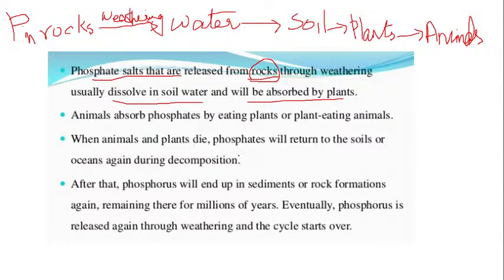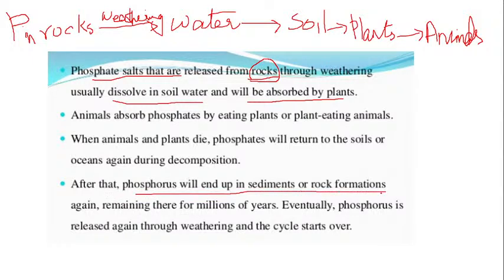And when animals and plants die, phosphates will be returned back to the soils or oceans again by decomposition by the microbes. After that, phosphorus will end up in sediments.